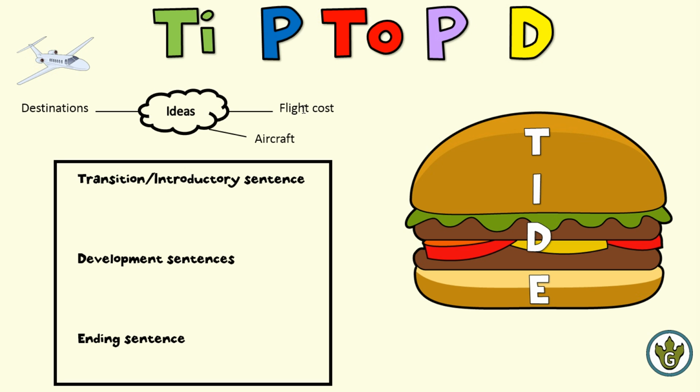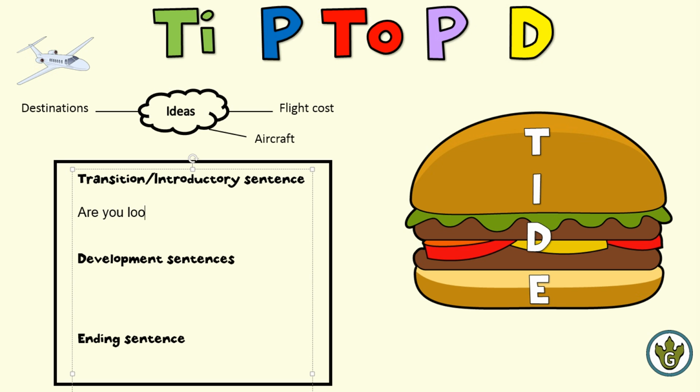So I'm going to talk about flight cost and why you should come and fly with Grammarsaurus Air, because we've got cheap tickets, okay? So I'm going to start first of all with an introductory sentence. I'm not going to start with a transition because this is my first paragraph and I can't link back to a previous one if it's my first one, can I? So why should you fly with Grammarsaurus Air?